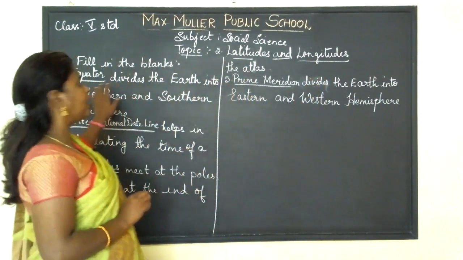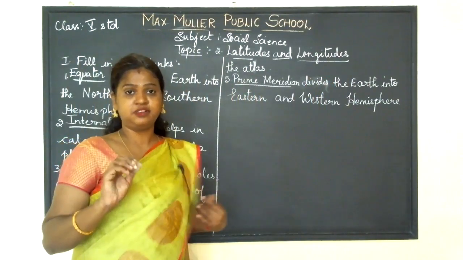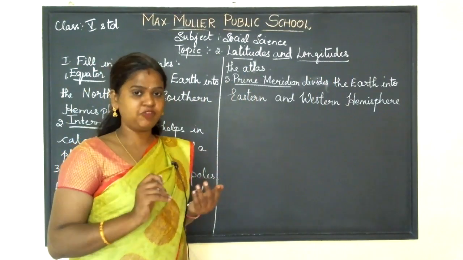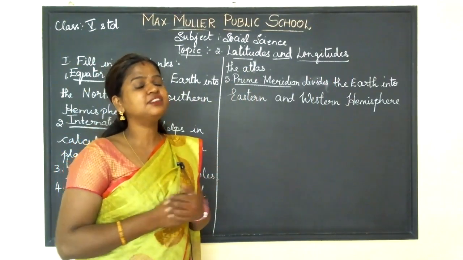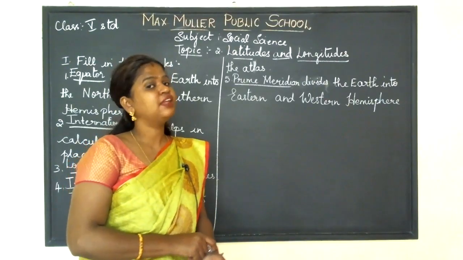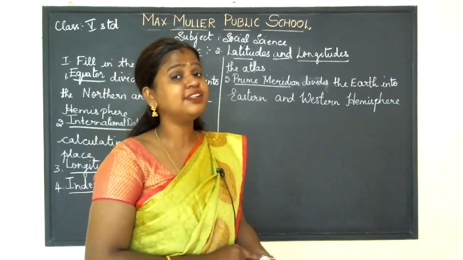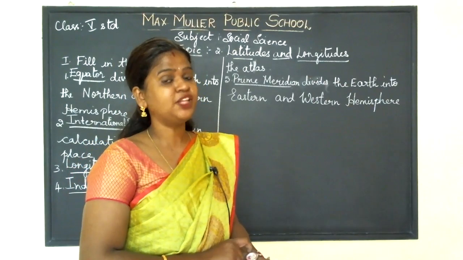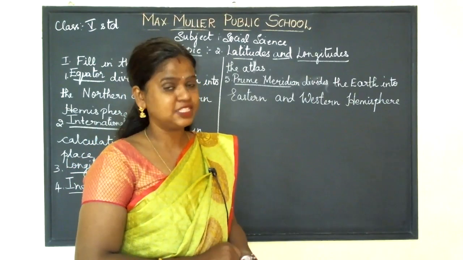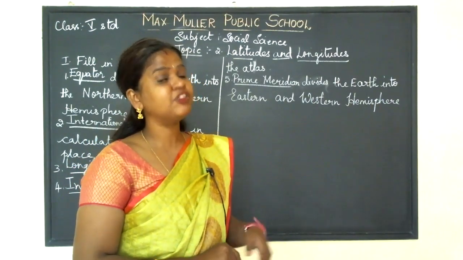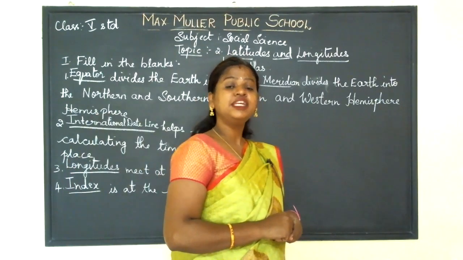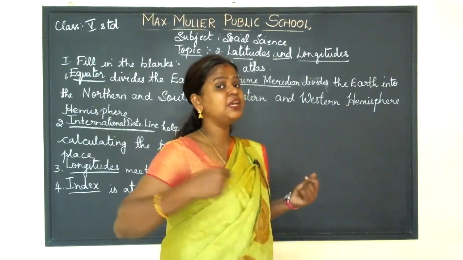So you have to look at the differences between these two answers. If the question is asked like this, dash divides the earth into northern hemisphere and southern hemisphere, the answer will be the equator. And if the question is asked, dash divides the earth into eastern and western hemisphere, the answer will be prime meridian.